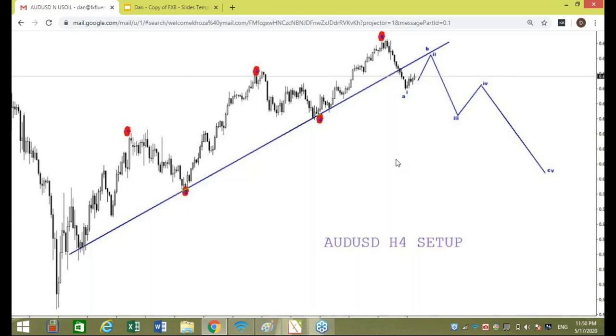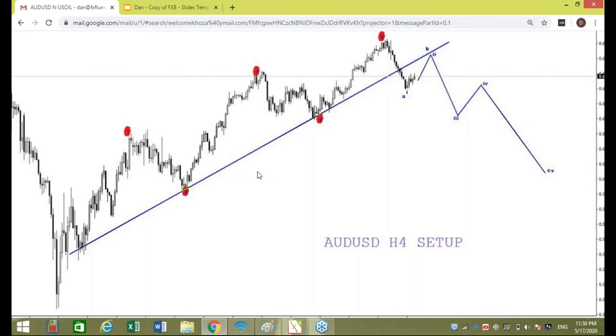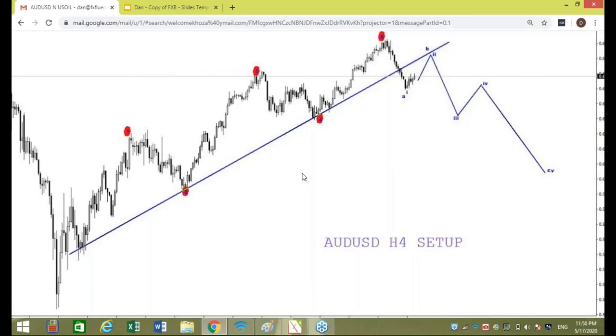Okay, and so this is price action that we've seen on the 4-hour chart leading up to the present moment. And you can see on this 4-hour chart within this trend, and what often should be the case, although it is not a rule, is that within these different waves, here we've identified wave 1, 2, 3, 4, 5, followed by the potential 3 corrective waves, which we're now looking for in the future.